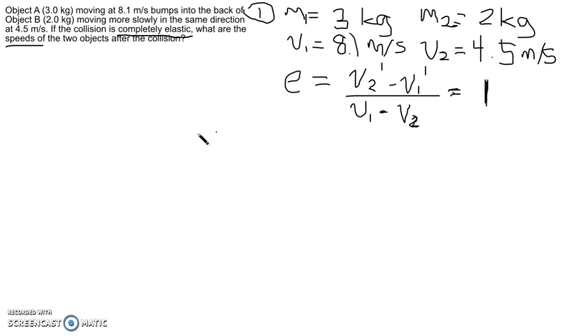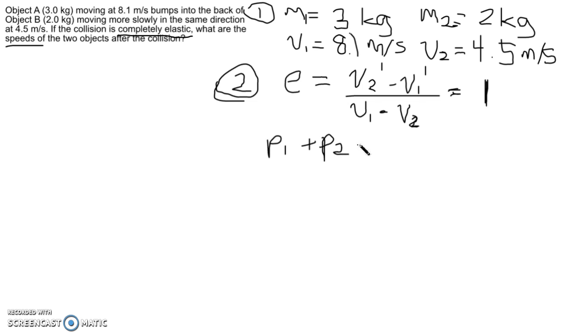So this is actually step 2. Another important formula we're going to go by, well, I don't know if it's really a formula, I'll write it here anyway: P1 plus P2.